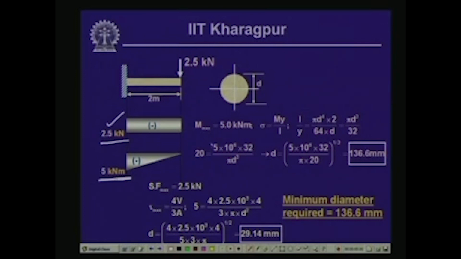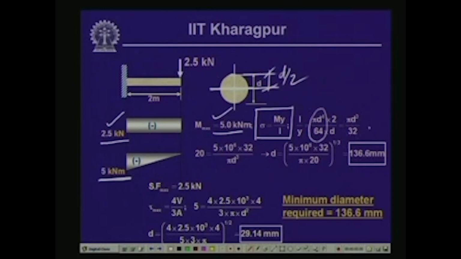Now, if we compute the bending stress from the expression sigma equals M y by I, the maximum bending moment is 5 kilonewton meter. Here the moment of inertia with respect to the neutral axis is pi d to the power 4 by 64, and the extreme distance from the neutral axis is d by 2, which is the point where we get the maximum bending stress.